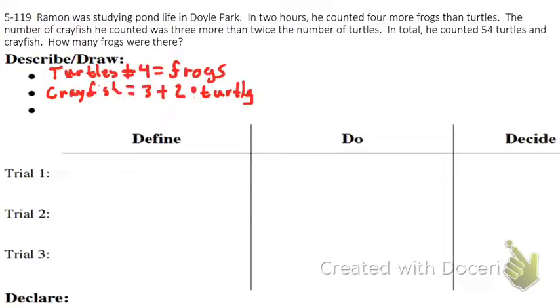In total, there were 54 turtles and crayfish. So turtles plus crayfish is 54.